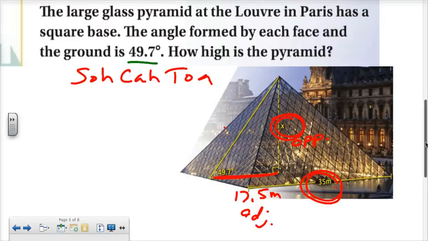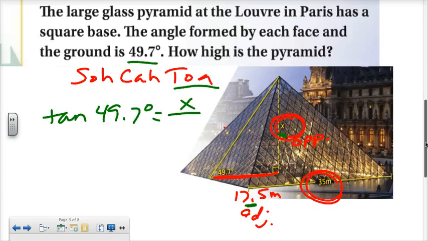What I need is one that just uses opposite and adjacent, because I need to find the opposite side and I've been given one of the adjacent sides. Well, that is tangent. So the tangent of that 49.7 degrees is going to equal x, opposite, over 17.5. And remember, the tangent of 49.7 degrees is a number.